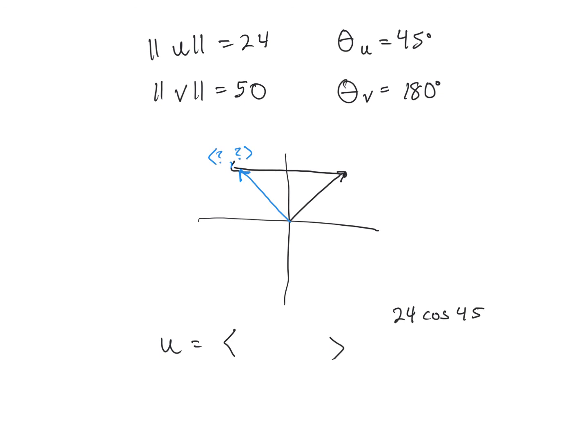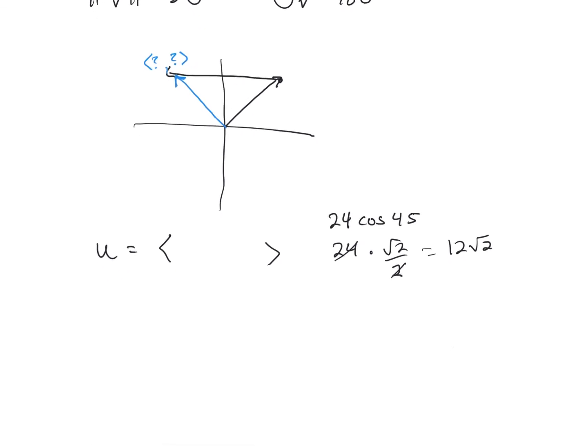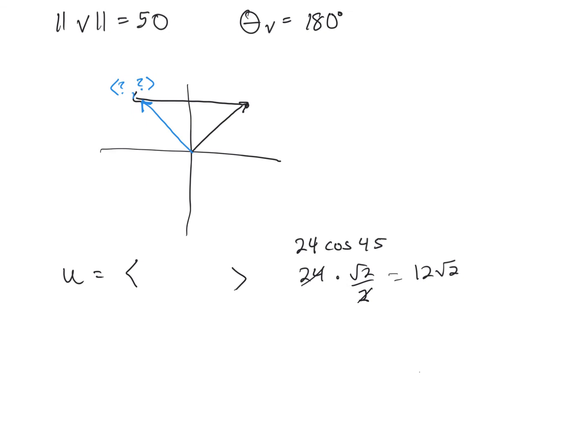Cosine of 45 equals root 2 over 2, so this is 24 times root 2 over 2, which simplifies to 12 root 2.